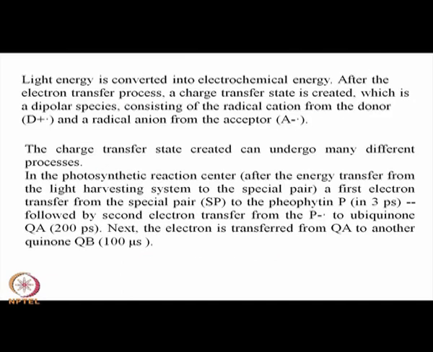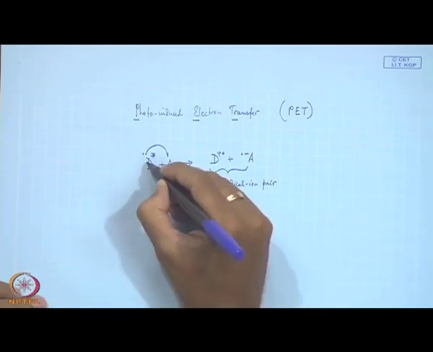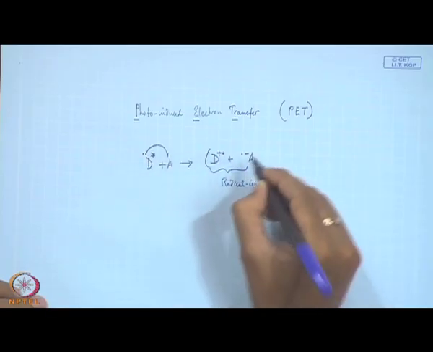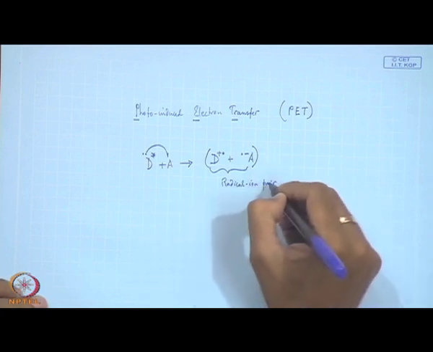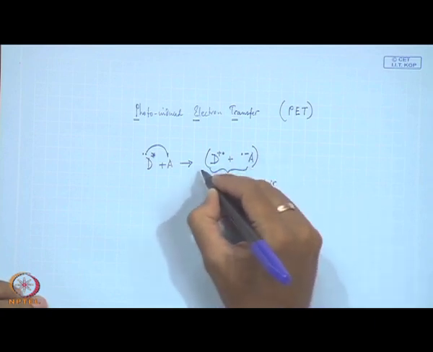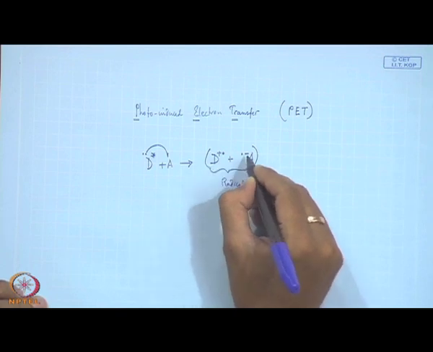So here this light energy is converted into electrochemical energy. After the electron transfer process, a charge transfer state is created. Although it is called a radical ion pair, you can have a charge transfer state.